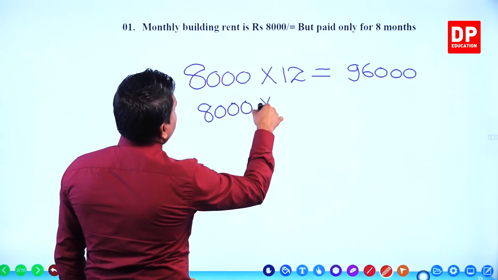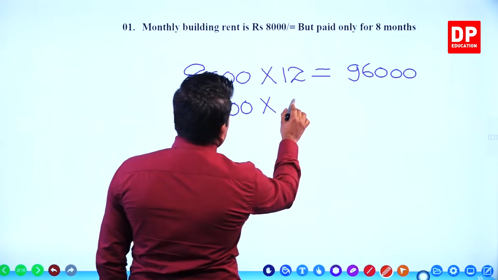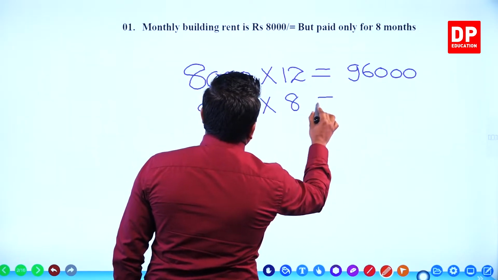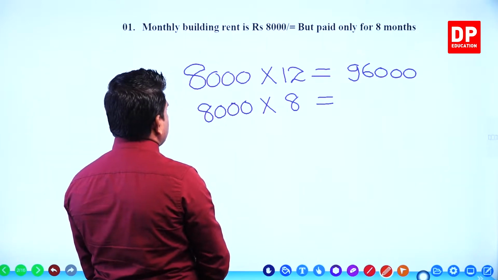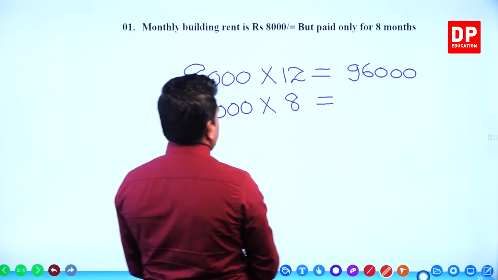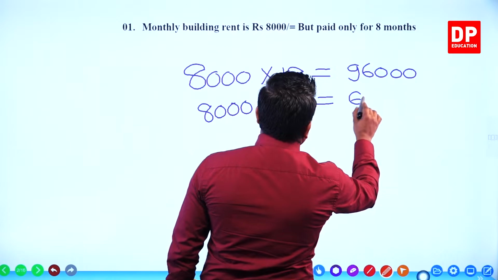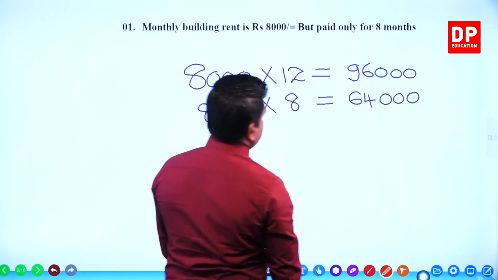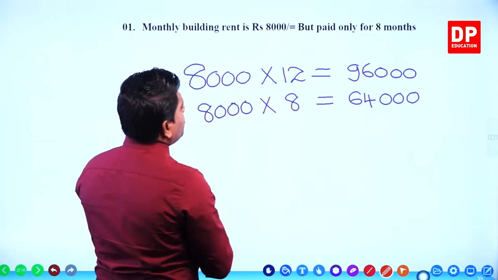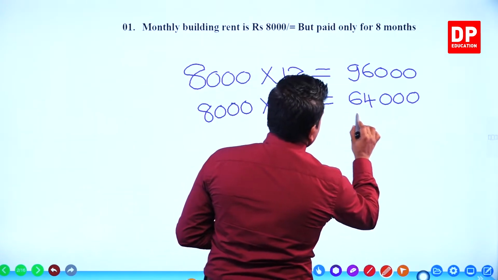How many months have they already paid? Only 8 months. Then by cash, how much have they paid? 64,000. Right. How much is the to-be-paid expense?